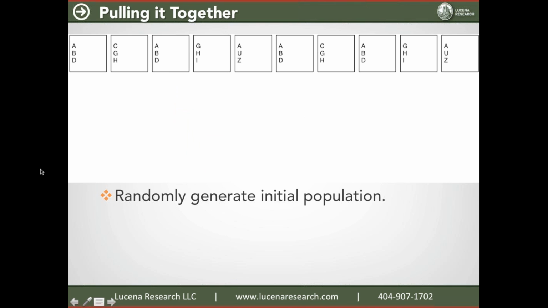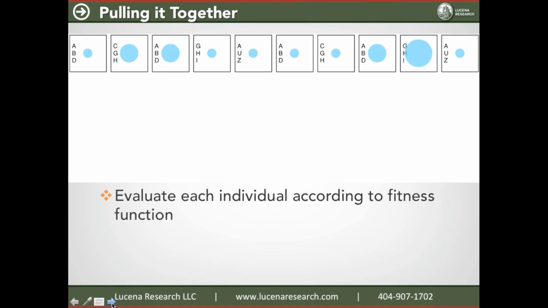So first step is we randomly generate our initial population. So you can see here a number of nuggets with different random factors. Next, we score them. So we take our fitness function, remember, which is essentially a Sharpe ratio, and I'm indicating higher performance with a larger blue circle and lower performance with a smaller blue circle.